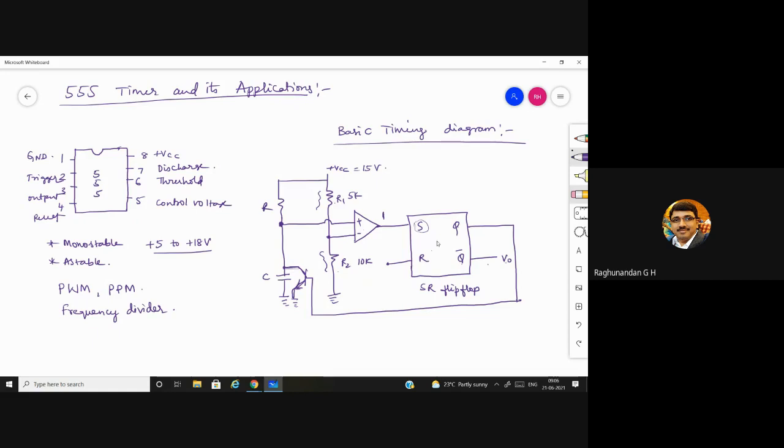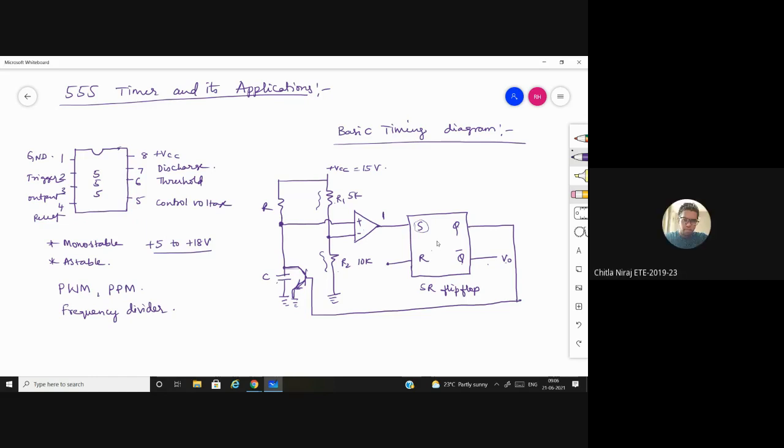Can you tell me why this node is dependent upon the capacitor, not on the resistor?